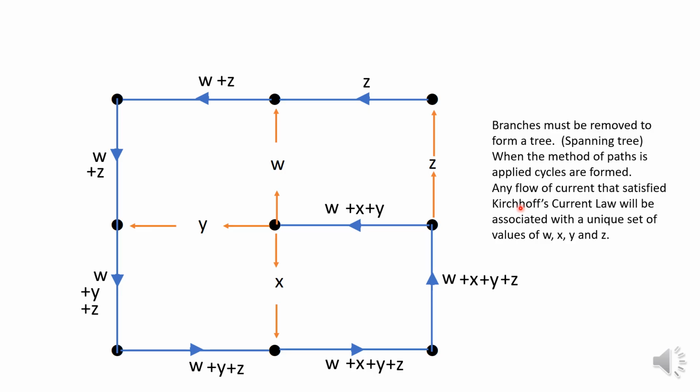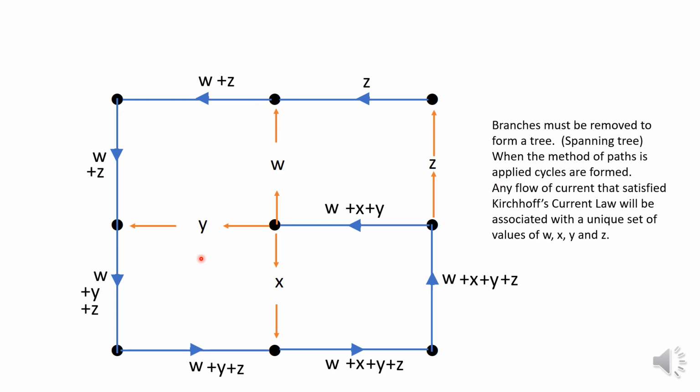Kirchhoff's current law is the same as our equilibrium conditions in the case of electrical currents. In Kirchhoff's current law, the currents flowing into a node equals the current flowing out. Or you can think of it as the algebraic sum of the flows into the node is equal to 0, which is the same as our equilibrium conditions.